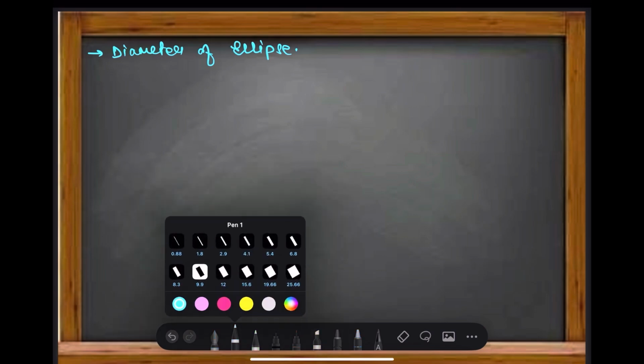Okay, so now in this part we will study some properties related to ellipse. So the first one is diameter of ellipse. Okay, so first you have to understand what is diameter.